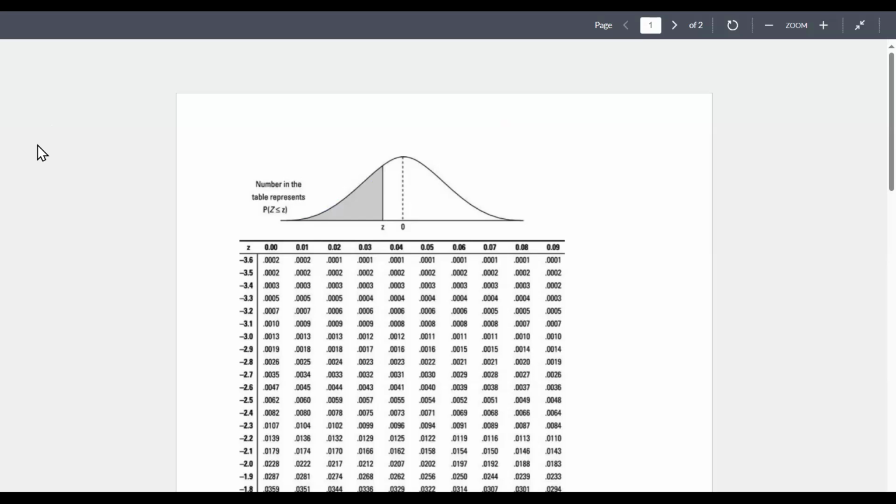So let's say that my z-score was 1.28. Z-scores should usually be rounded to the 100th place, so 2 decimals.